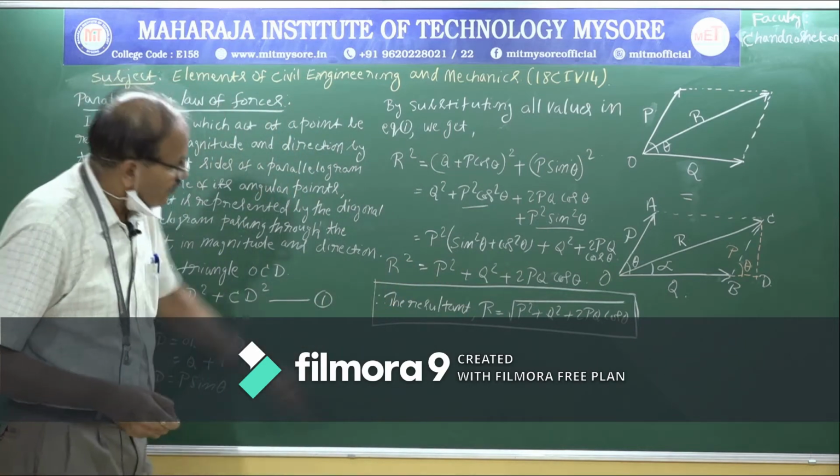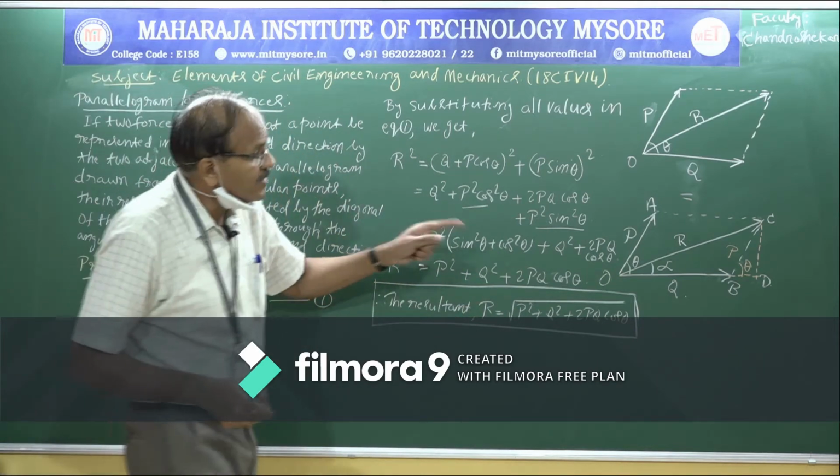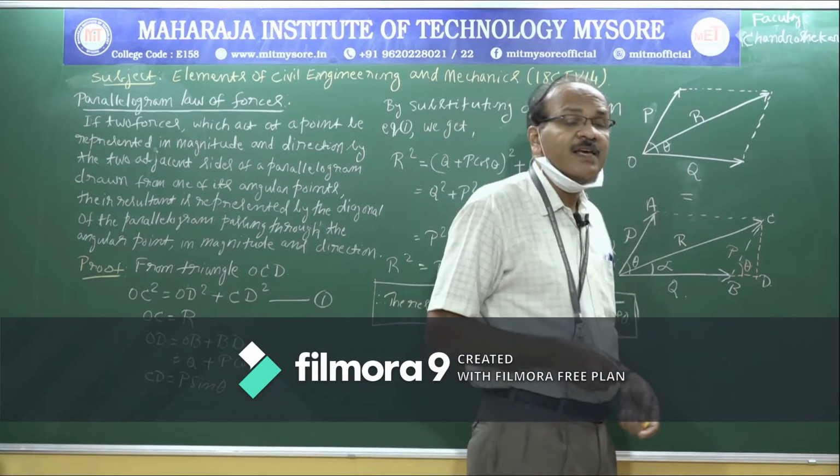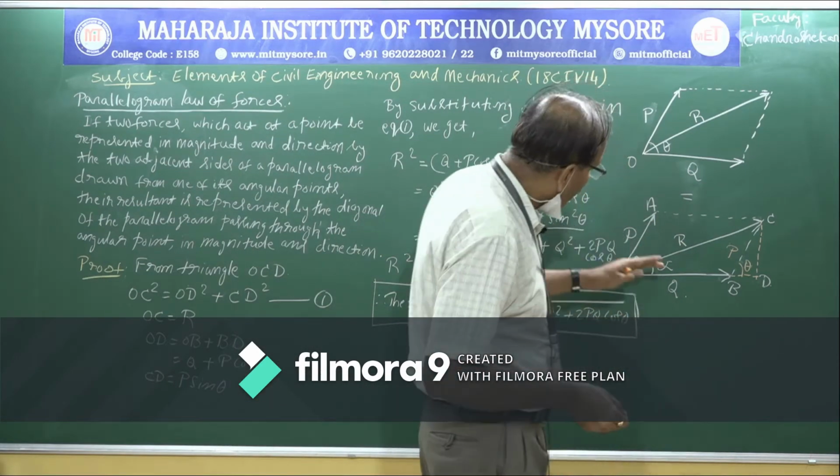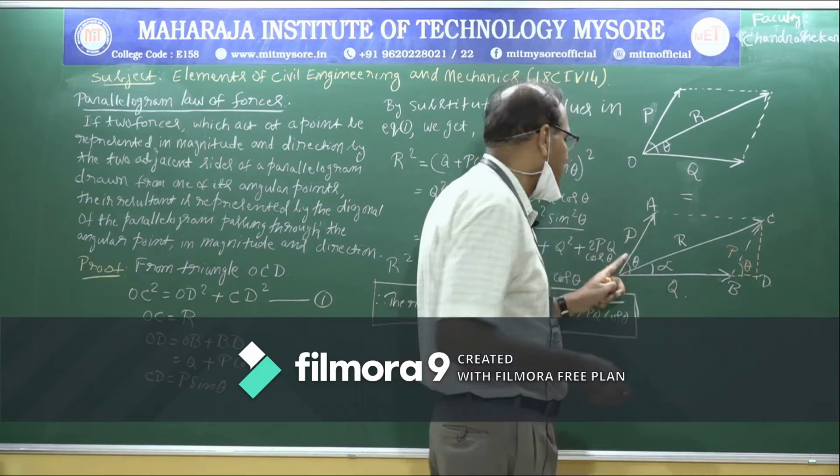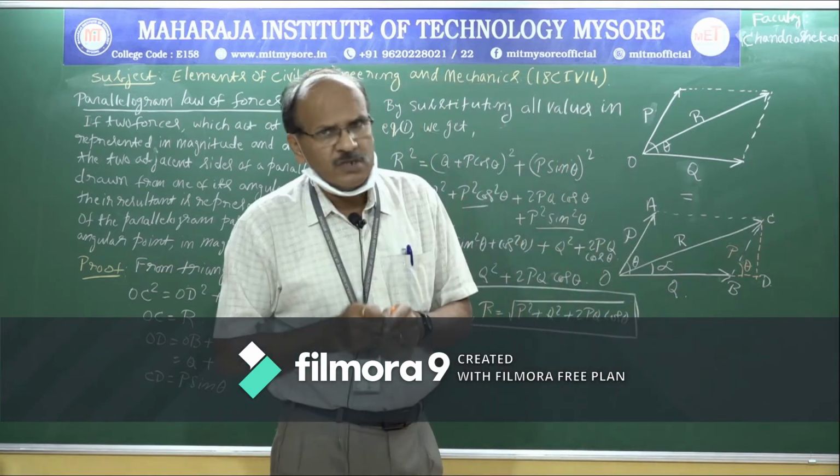Next, this gives the magnitude of the resultant, but we don't know the location of the resultant R. That means at what angle the resultant acts with respect to one of the two forces.